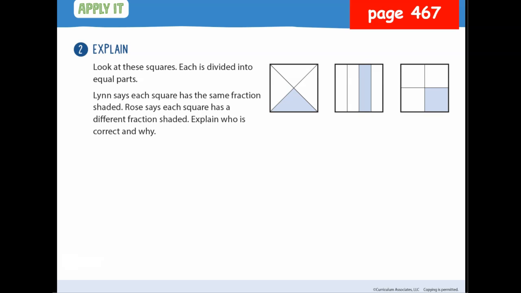Or is Rose correct or Lynn? Why? And all three squares, only one unit square is shaded in, right? Good. What else? They all have four pieces that make a whole.